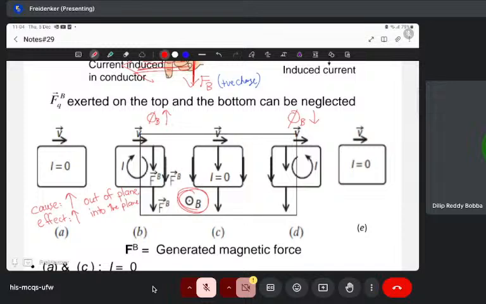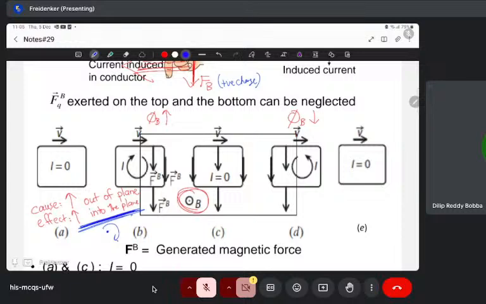So what you do is take the thumb of your right hand and point it in this direction. So into the plane means your thumb is now pointing into the plane. And now you curl your fingers. You have the other four fingers, right? Just curl them in the direction, just rotate your four fingers.